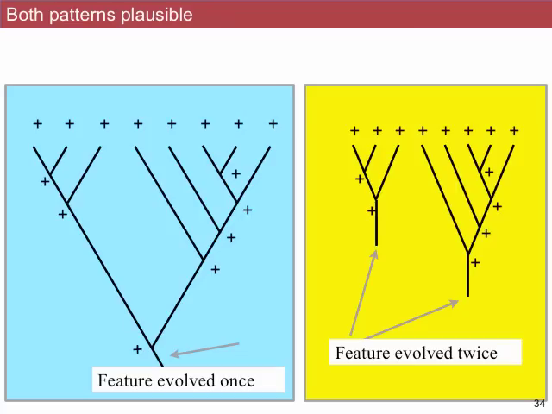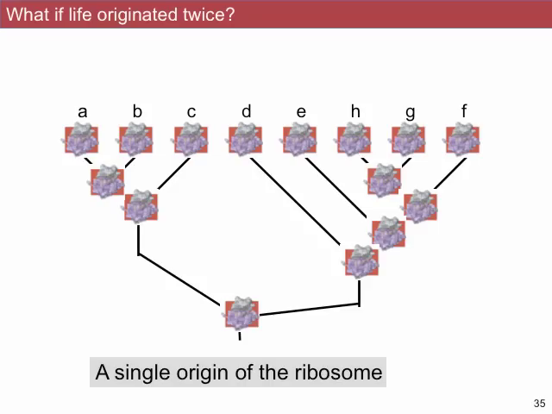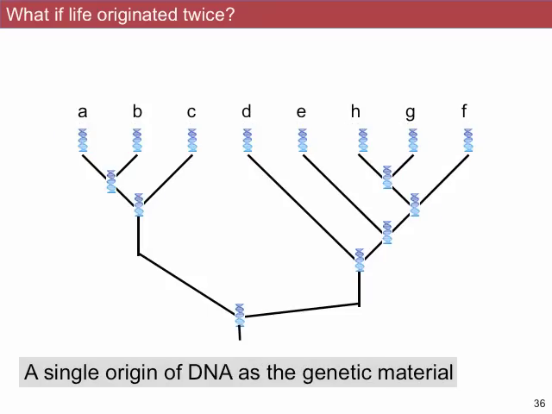It could have happened 3 times or 4 times, etc. In terms of features, if we have a feature present in all of these organisms, A, B, C, D, E, F, G, H, and if we have this tree over here, we are saying that feature evolved once. And if we have this set of trees over here, we're saying that feature had to have evolved twice. There's no way that these lineages get connected.